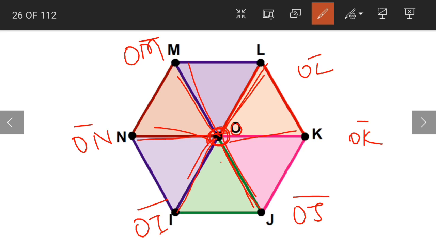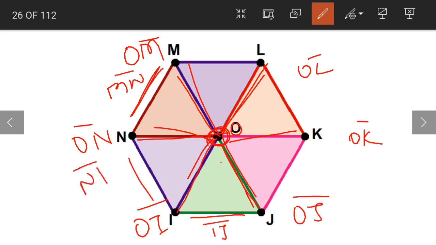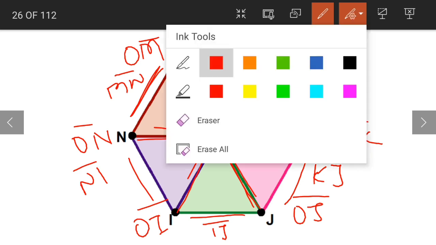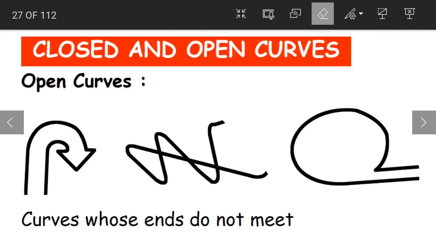So these are drawn from the endpoint O. And apart from this, again these are also joined. MN, NI, IJ, KJ, LK and LM. So all these are the different line segments that can be identified from the following figure. I hope this is clear, children.